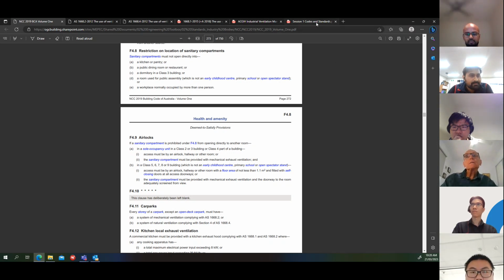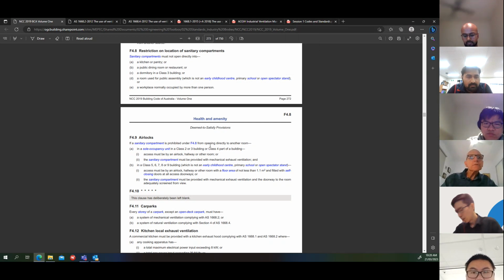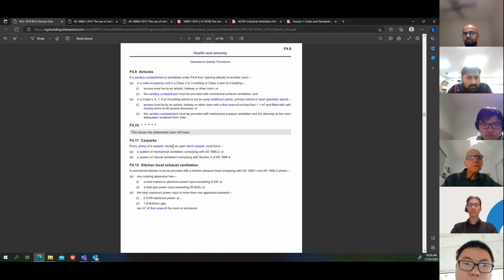All right. So now just to finish off here in this part F4, this also refers to car parks and kitchen exhaust, and again refers you to AS1668 Part 2 or Part 4 if you want to use natural ventilation for a car park.